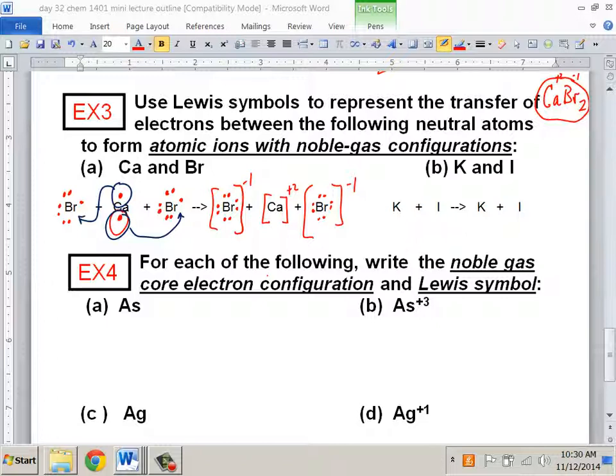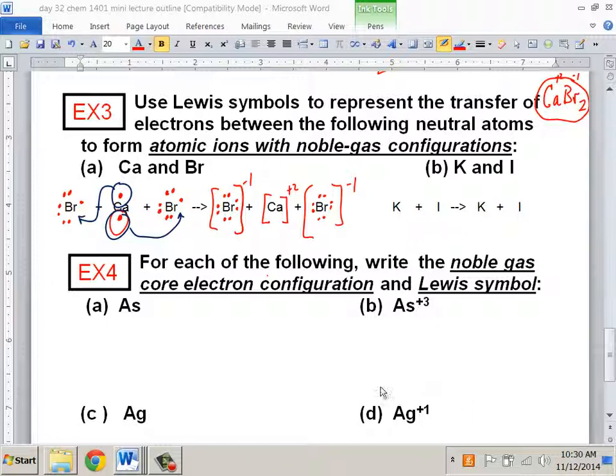So you got it? See what to do? K should just have 1 dot, right? Iodine should have 7. And you just transfer the potassium's electron over there. Okay. You comfortable with that?